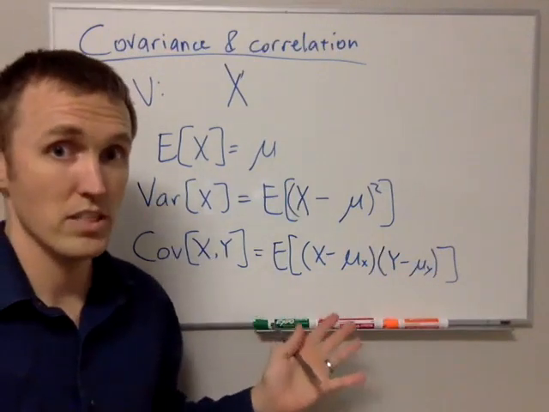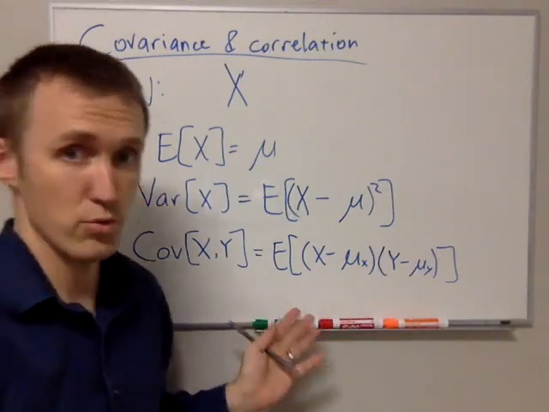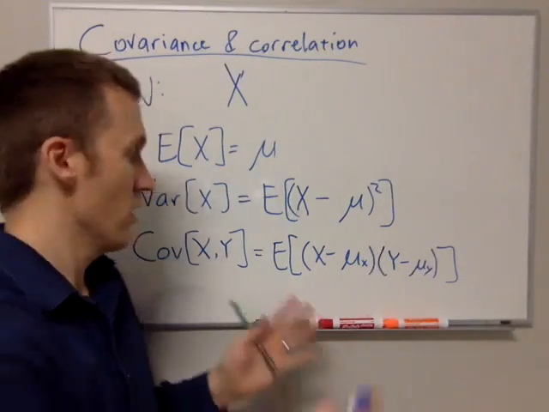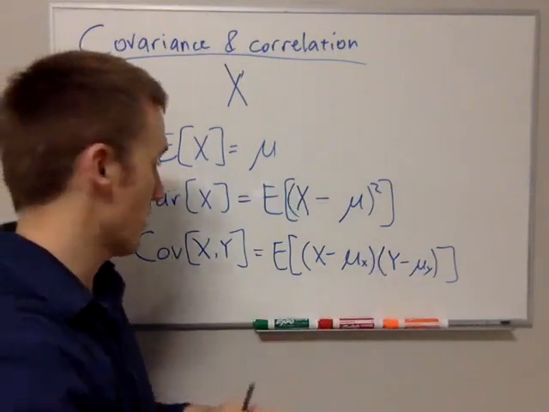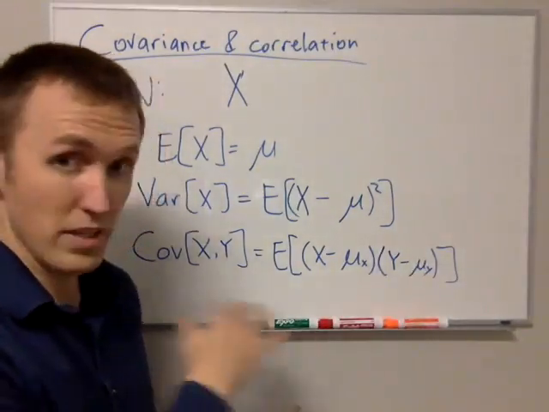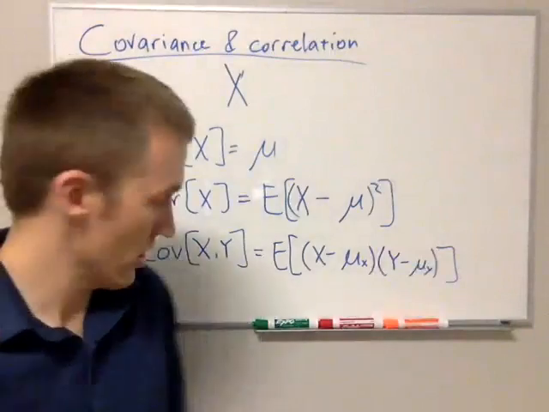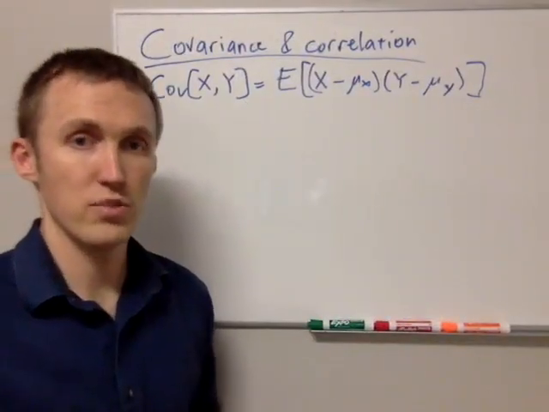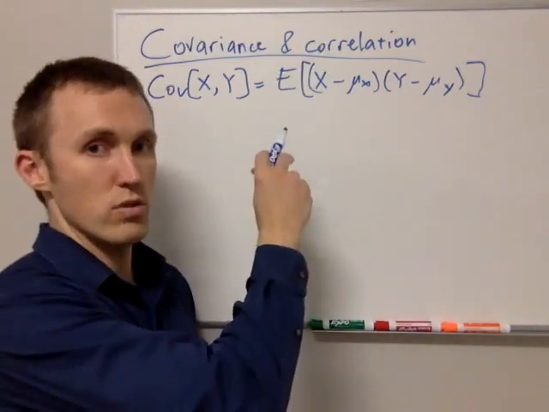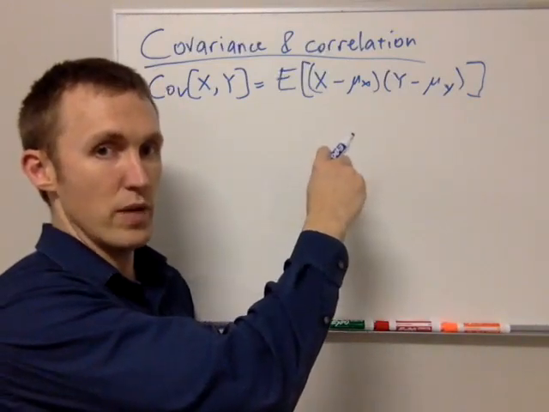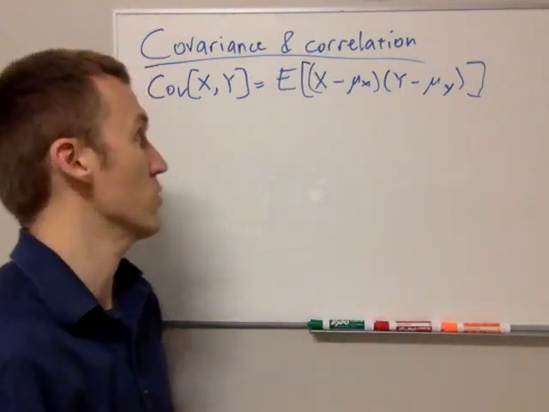And, you know, because the expectation operator is a linear operator, we could actually multiply this out, and so we would have that this is going to equal something else. So let's go ahead and do that, actually. Alright, so let's just work out what this would be. So we have the covariance of x and y is equal to the expected value of x minus mu x times y minus mu y.